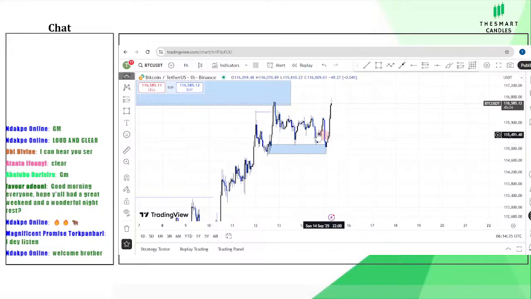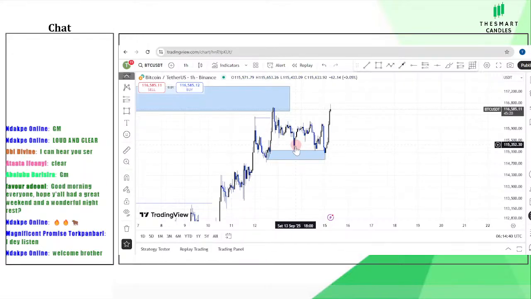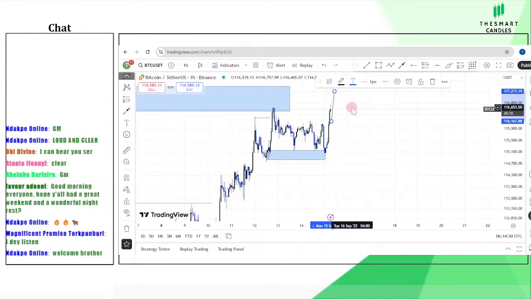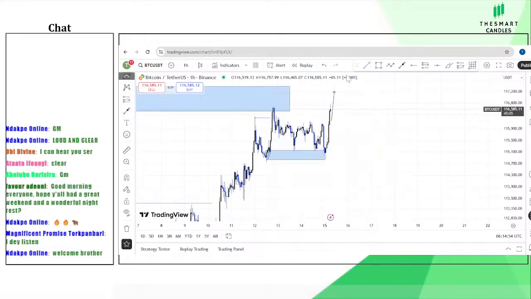We still move. Currently looking at this BTC now, price is responding from this order block, and we want to see price push above this point and give us a break, which will validate this order block here.